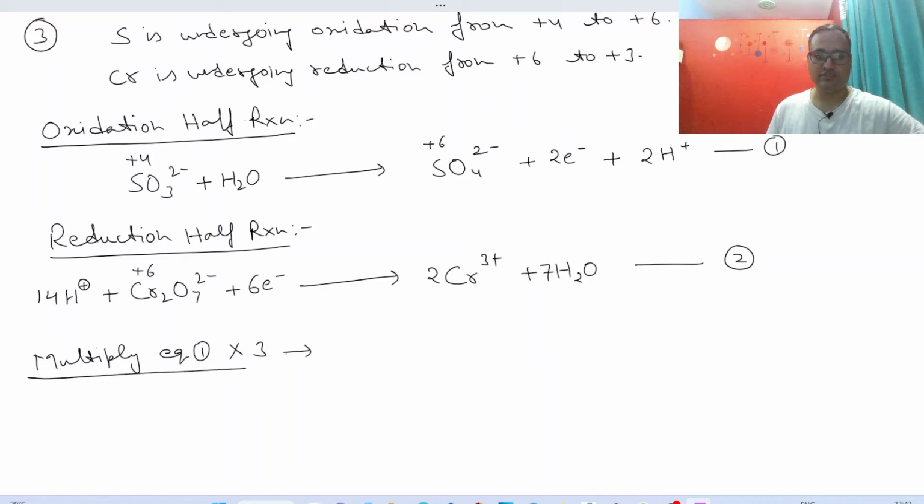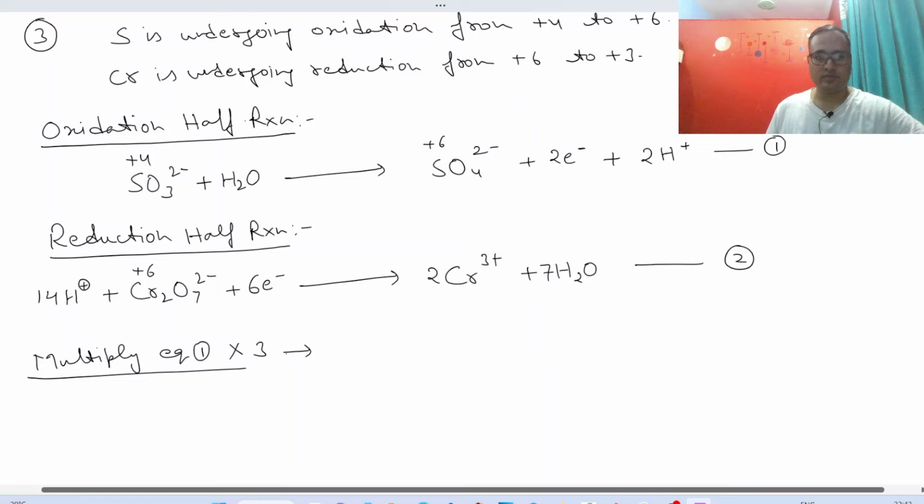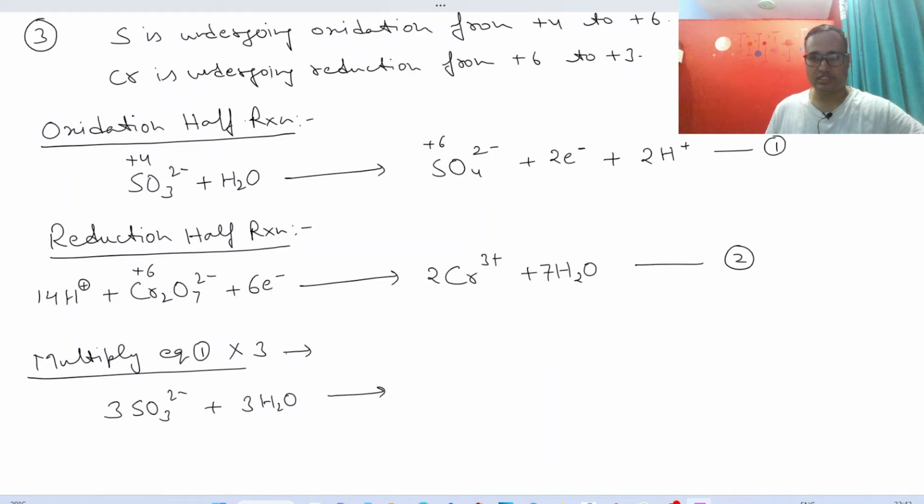Our equation 1 becomes 3SO3 2 negative plus 3H2O gives us 3SO4 2 negative plus 6 electrons plus 6H plus ions. Now this is equation number 3.